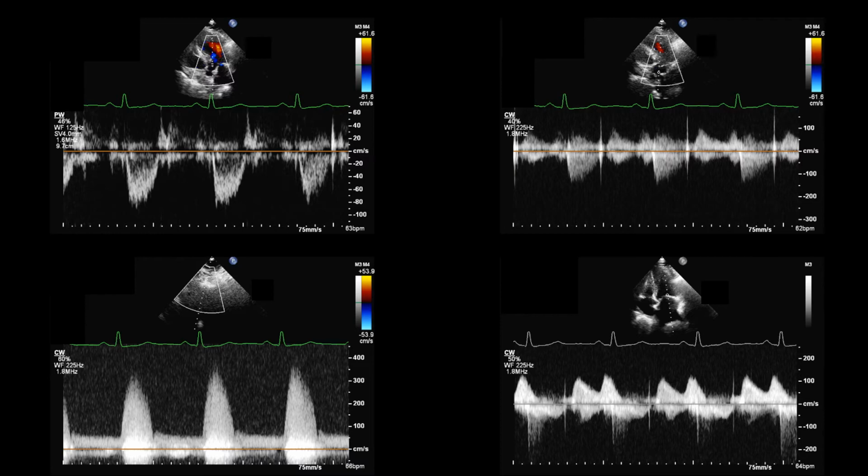Doppler interrogation from the right sternal border did not show adequate signals. The highest systolic velocity was obtained from the suprasternal border and was about 4 meters per second.